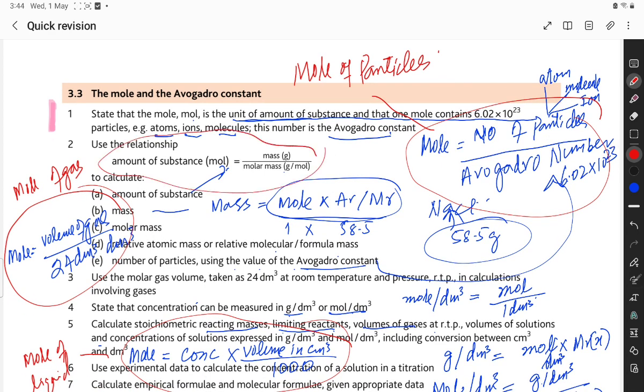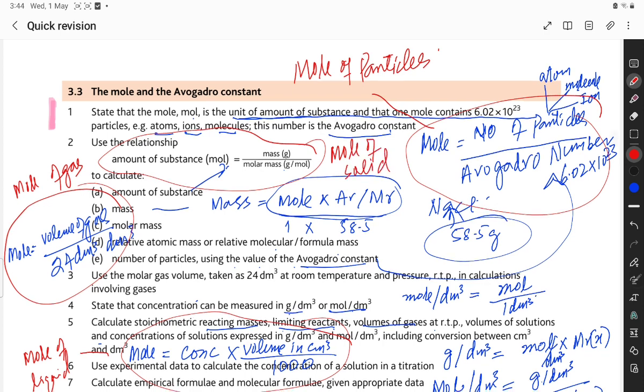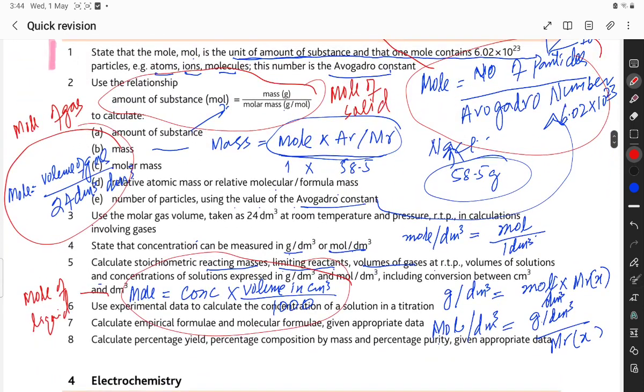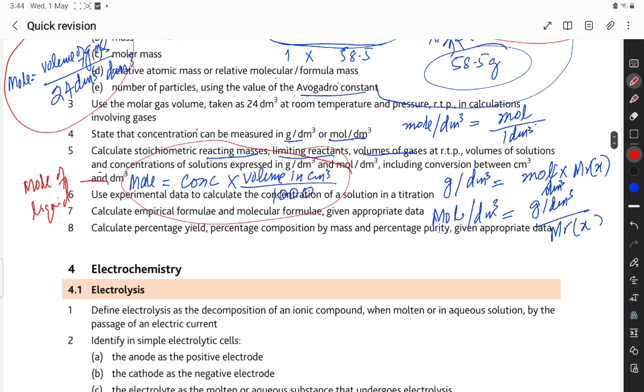This formula is the mole of solid. Okay. So hopefully you can calculate, and it will help you a lot while solving the questions.